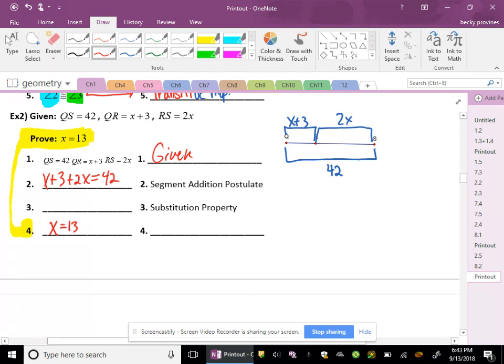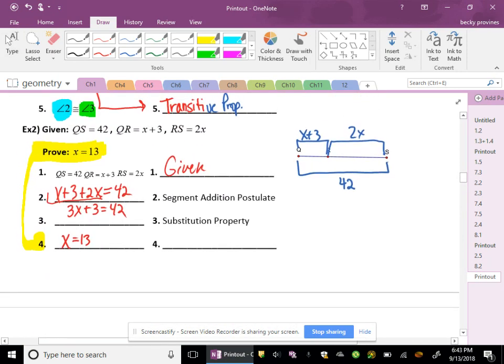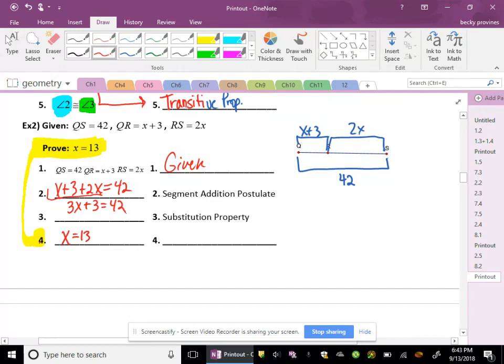Okay, now if I were solving this, what I would tell you to do is group all your terms together. So if I add x and 2x, I get 3x. So guys, I'm going to add a step. You know what? This is why I messed up. I thought step number 4 was the last step.